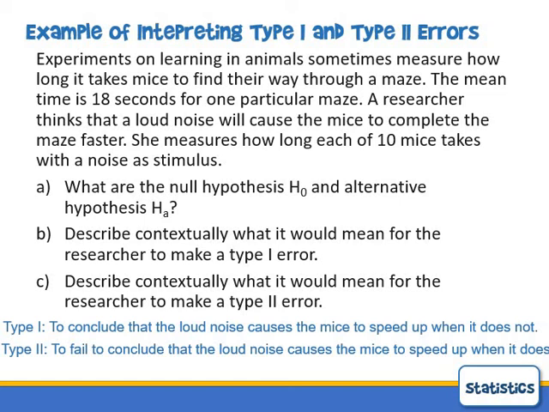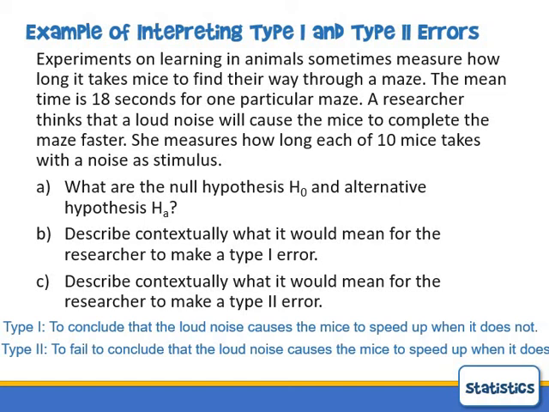Okay. So first of all, what are the hypotheses? This is a question I usually use earlier in the class with just setting up the hypothesis, and then we'll look at the type 1 and type 2 error, which I didn't animate. You already see the answers there, but ignore those for a minute. So what are the null hypothesis and the alternative hypothesis? So in this case, let's go back. This is a one-sided test. So the mean time is 18 seconds for one particular maze.